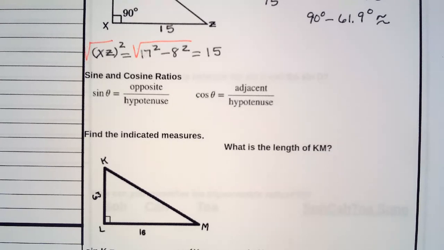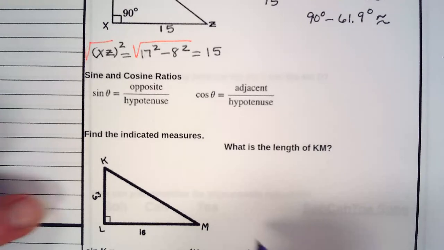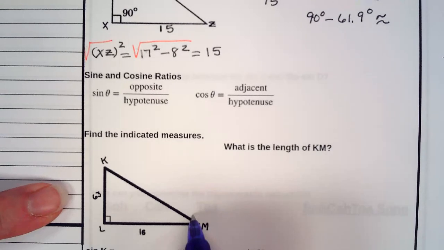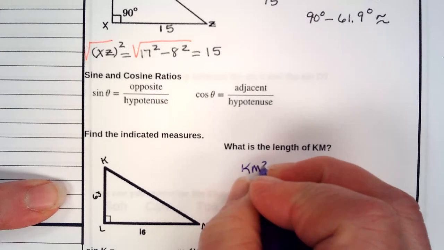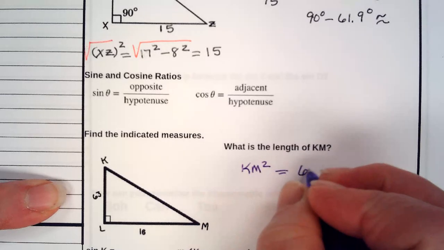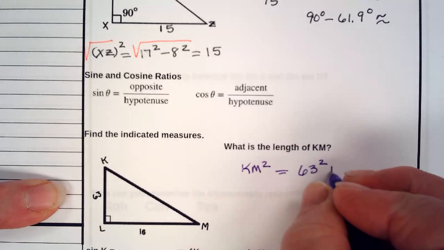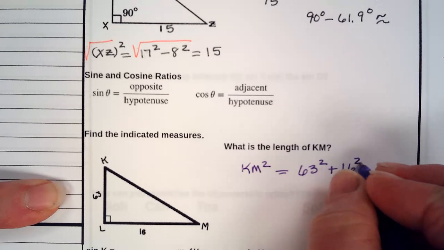The first thing we have to do is to find that third side. It's a right triangle. Whose theorem do we use? If you said Pythagorean, you would be correct. So I'm looking for the hypotenuse. I know the 2 legs, so I'll be adding. Km squared is equal to 63 squared plus 16 squared.